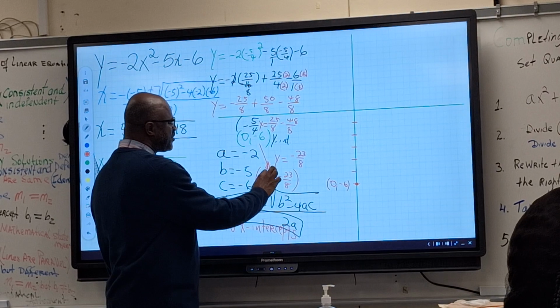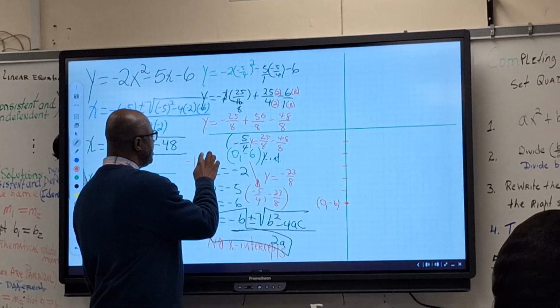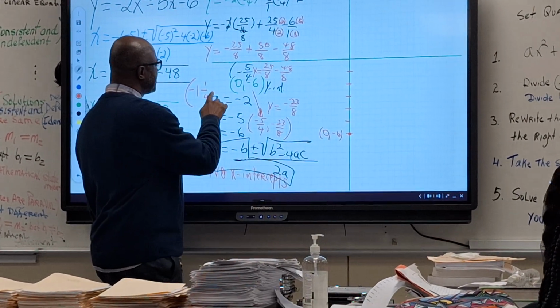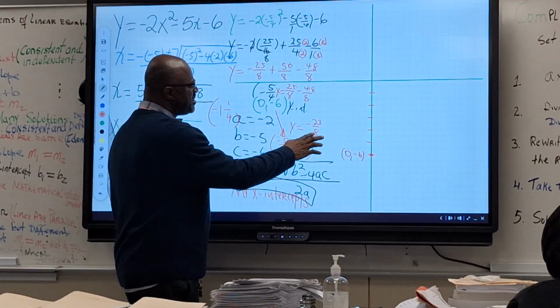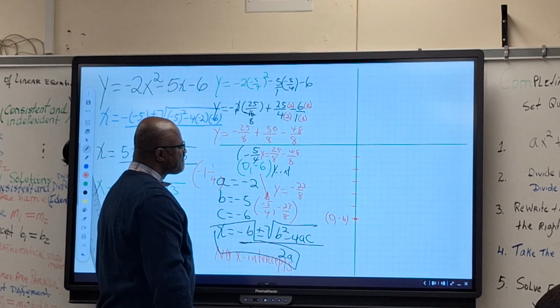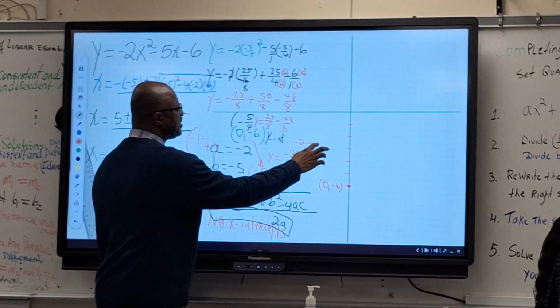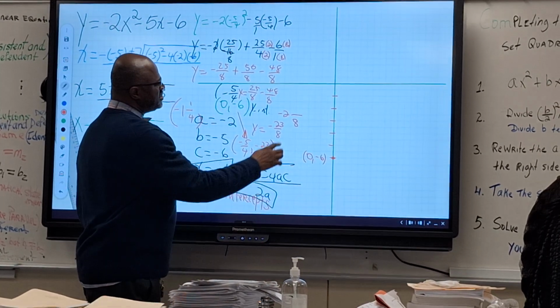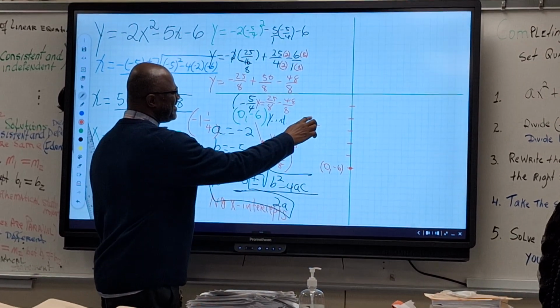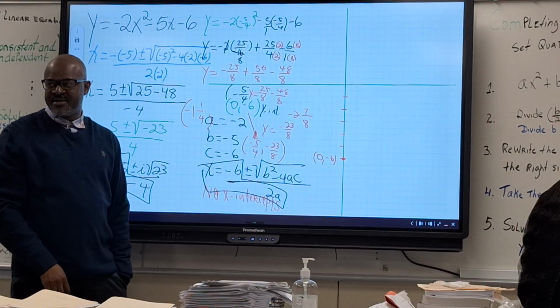If I change that to a mixed number, that would be negative 1 and 1/4. Make sense? And how many times does 8 go into 23? Is that 2 times? Yes. That would be 2 units. 16, that would be what? 7/8. Close to negative 3, right?